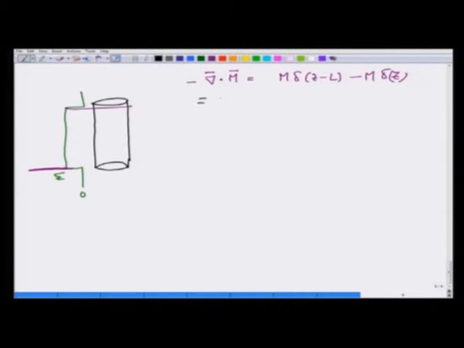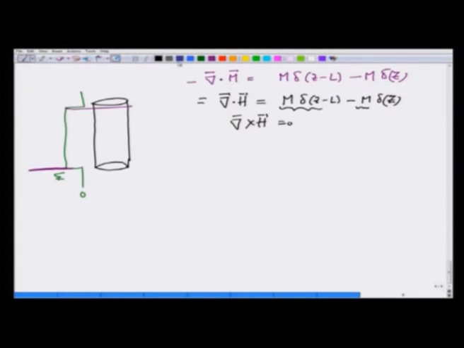This is equal to divergence of H, which is then equal to M delta of z minus L minus M delta of z, and I know curl of H is 0. This M is like the surface charge, minus M is like the surface charge.